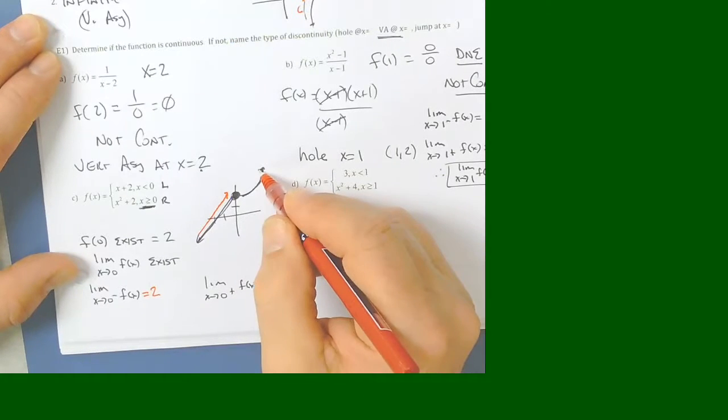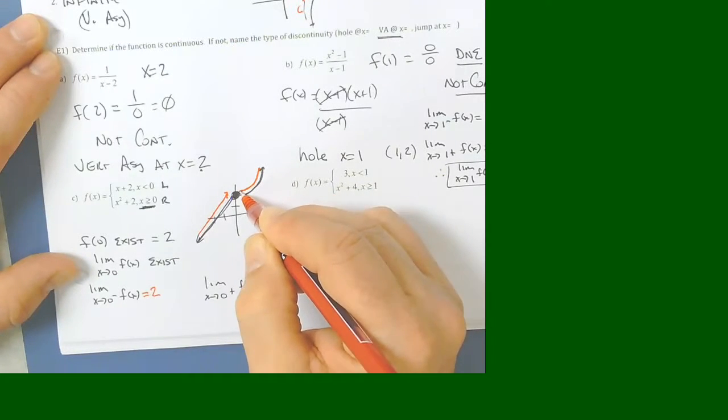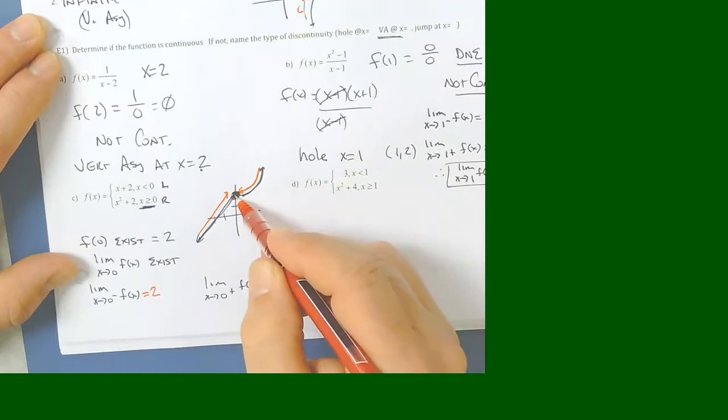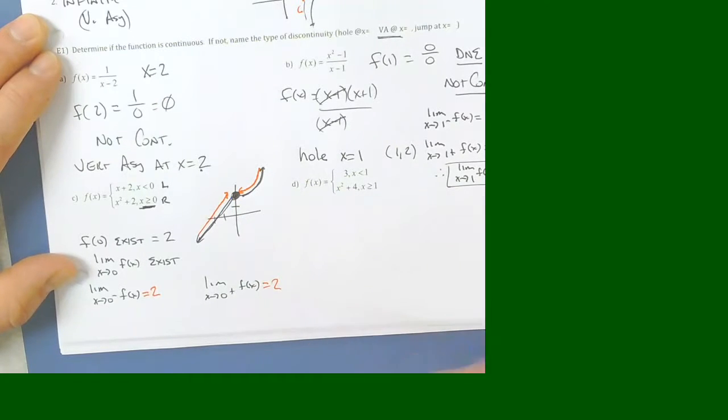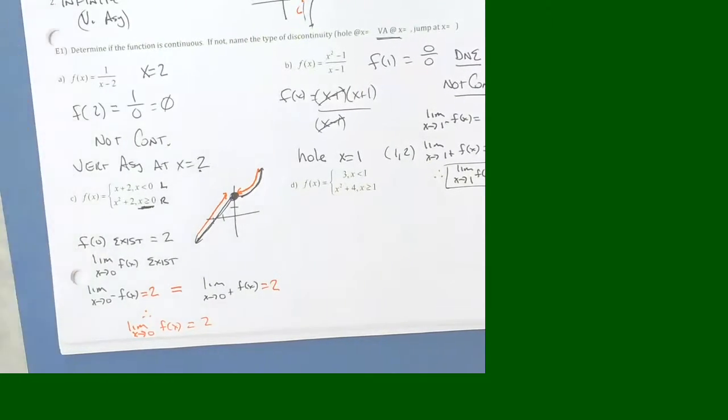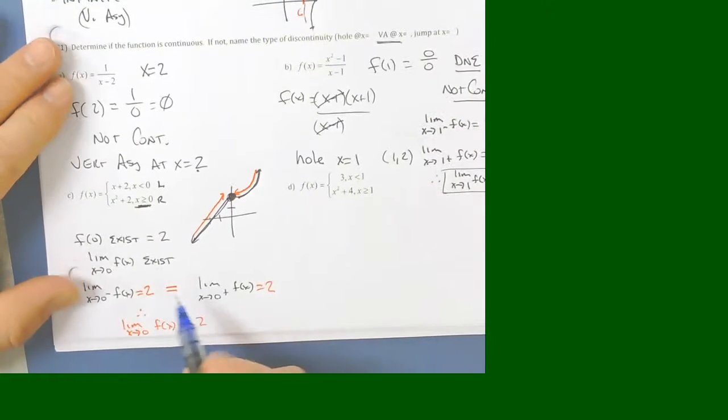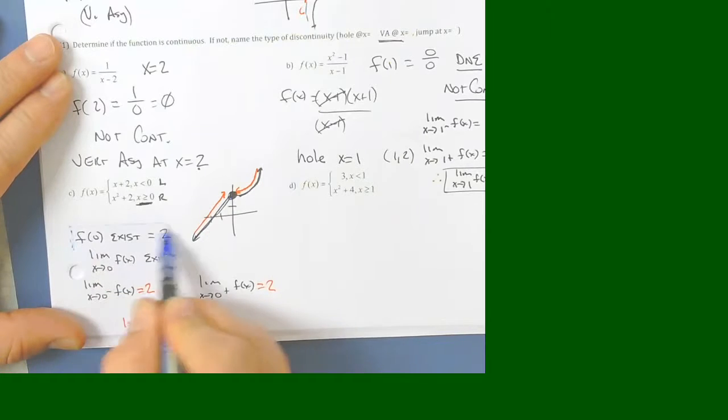The right side of 0, I come in on the x squared plus 2 train. I hit at 2. The left side equals the right side. So the limit as x goes to 0 of f of x equals 2. Third criteria then. The function exists, it equals 2.